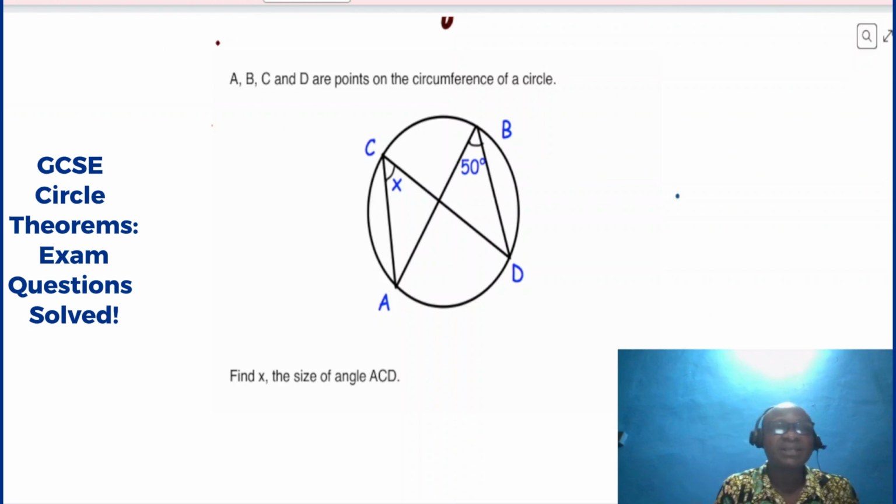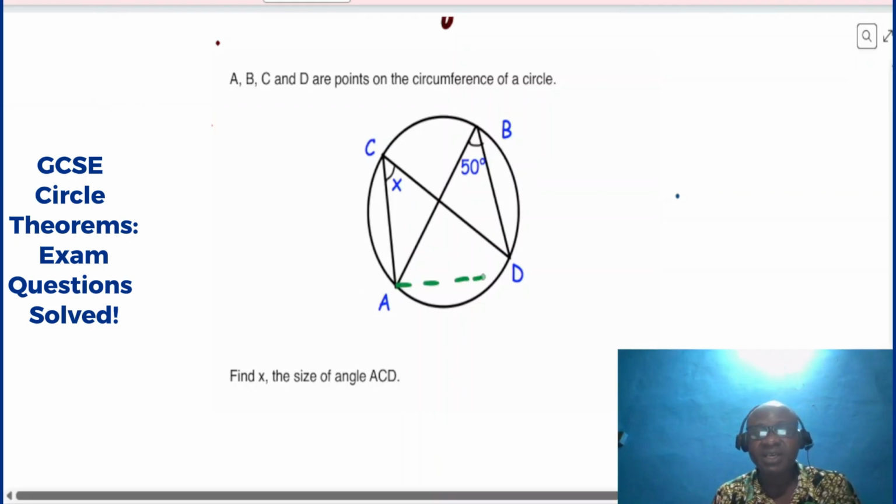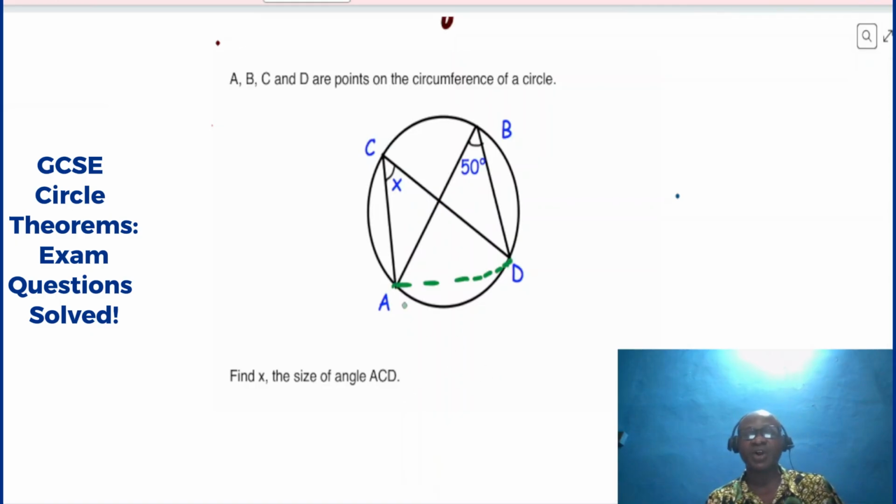Yeah. Look at here now. Look at this place. Let me use a unique color. Can you see that line? That line is a chord. Line AD is a chord. From the ends A and D of that chord, you formed angle X at C. From the same ends of A and D, you formed angle B. Therefore, it is called angles in the same segment.